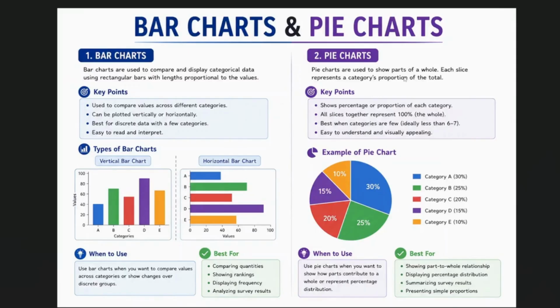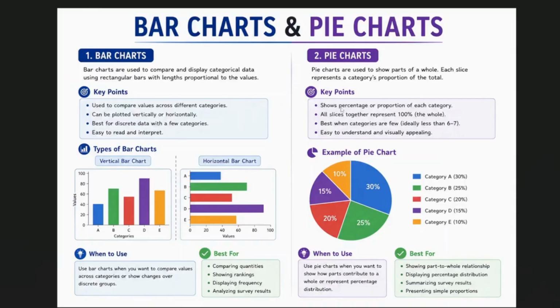Pie charts are used to show parts of a whole. Each slice represents a category's proportion of the total. You can see there is one category 10%, a second category 15%, 20%, 25%. These are different categories, classified as category A, category B, category C, right?